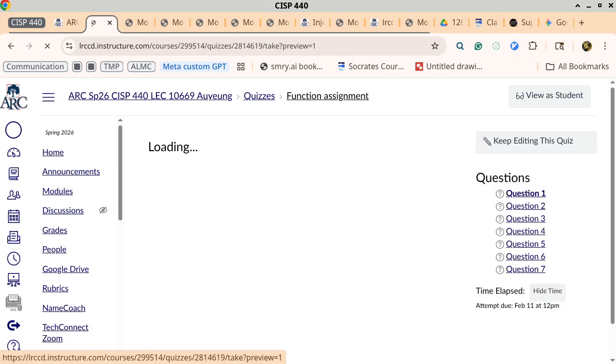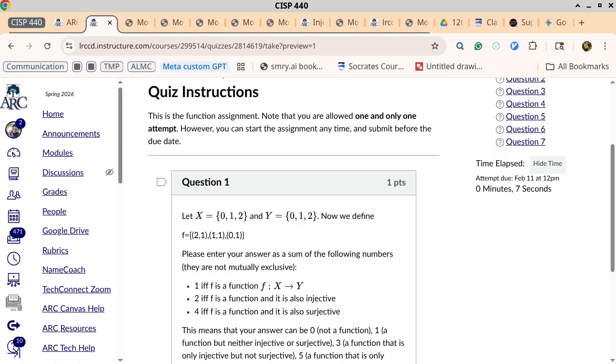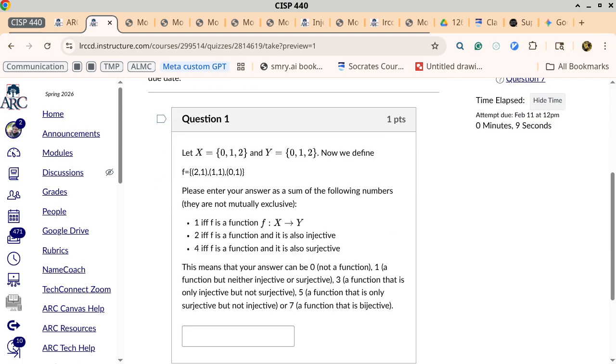All right, so I'm going to put it into preview mode so we can actually see the questions just like the way you saw it. All right, question number one. Let X be 1, 2, 3, and Y be 0, 1, 2. We define the set f to be (2,1), (1,1), (0,1).